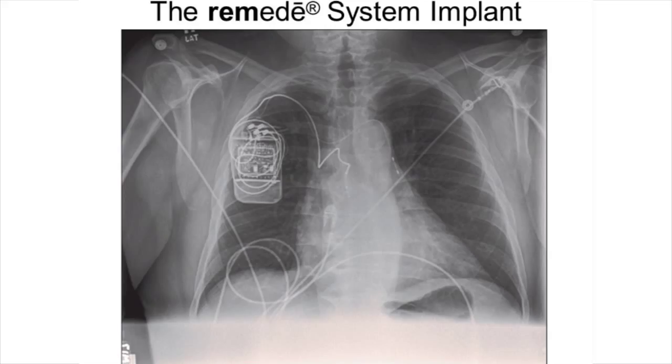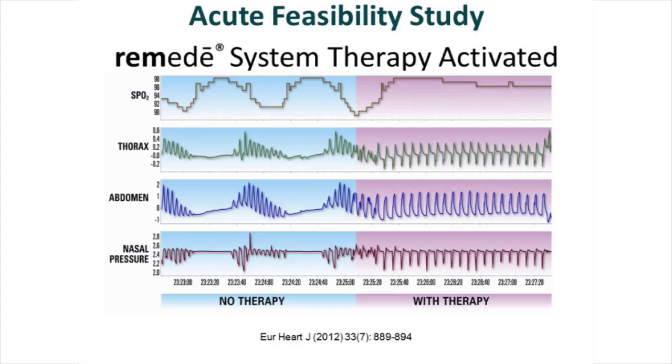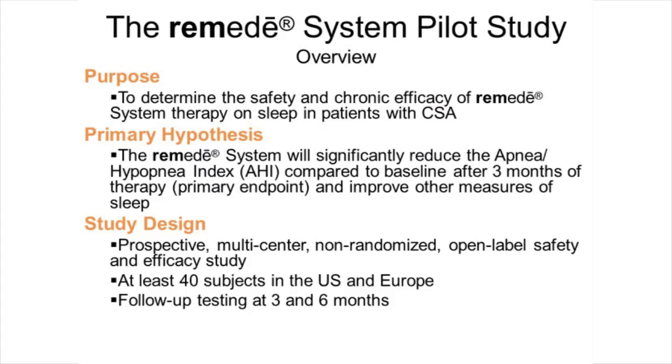There was earlier an acute feasibility study which showed significant improvement in all the sleeping parameters. And then there was a pilot trial which is going to be published very shortly in the JACC Heart Failure. And these are the main data from the pilot trial.